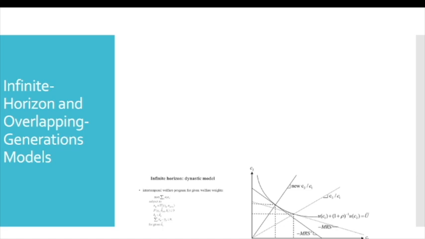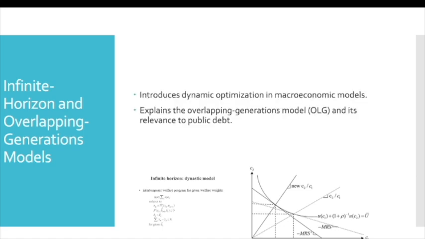Infinite horizons and overlapping generations. Here we dig into dynamic optimization, fancy words for how people make long-term decisions. We explore the OLG, overlapping generations model, which looks at how decisions today, like saving for retirement or taking on debt, can have an impact on future generations.